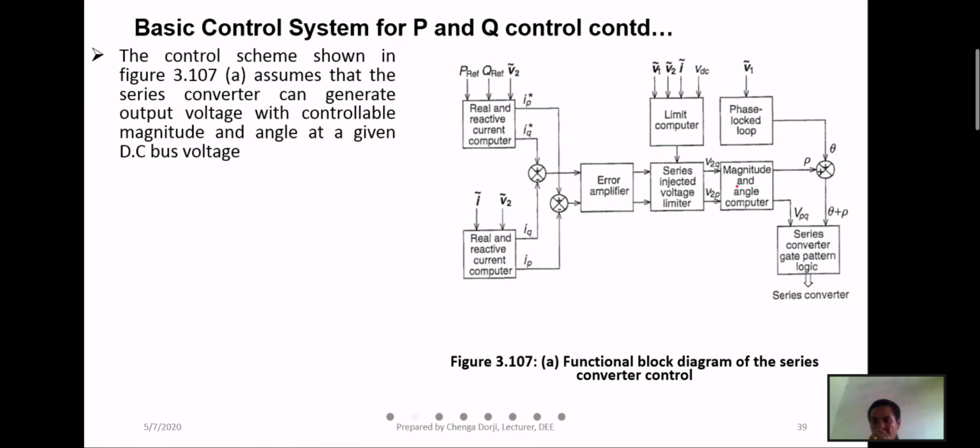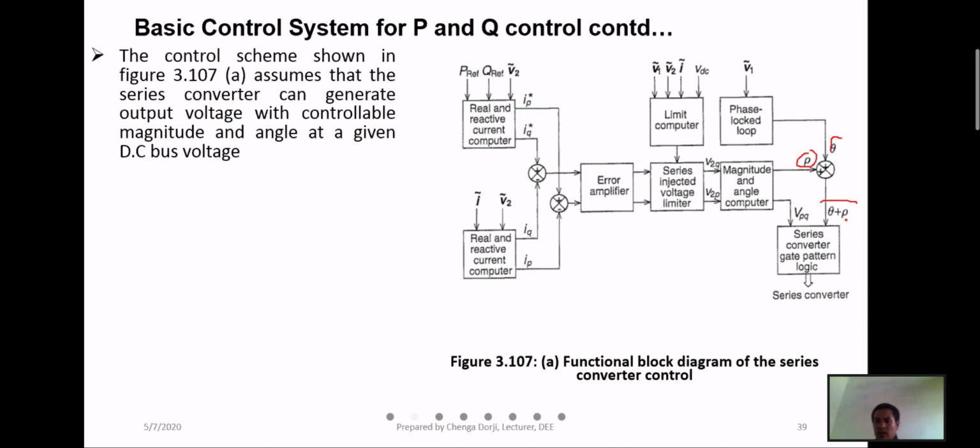The magnitude and phase computer calculates the magnitude and phase angle. The phase locked loop, PLL, generates the angle theta, and the reactive component is given to the summation, which generates the compensation angle rho.